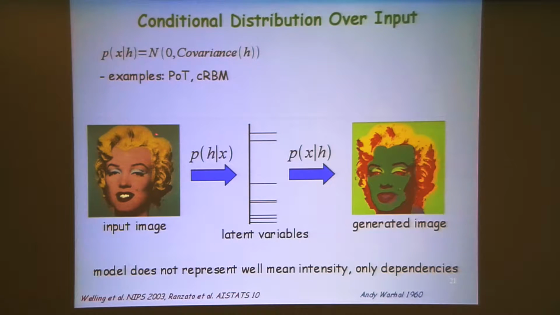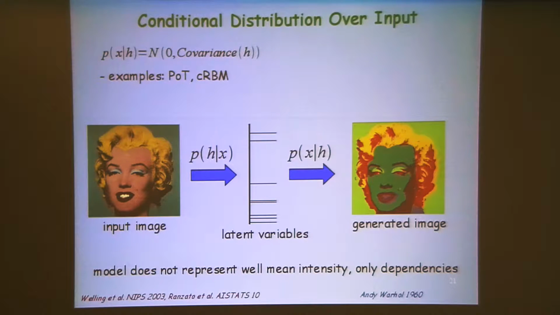Take the two pixels in the background here: they take the same value, and the same value here. So this model captures the correlation. It doesn't say anything about the actual value; it tells you whether this pixel and this pixel take the same value or not. And so now you also know what was the probabilistic model that Andy Warhol used in his paintings.